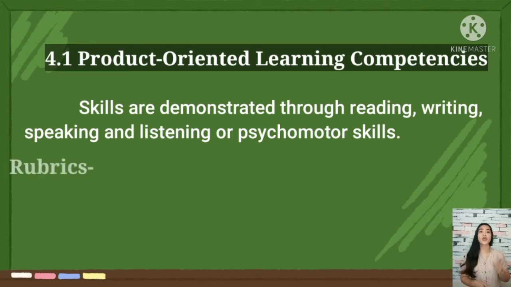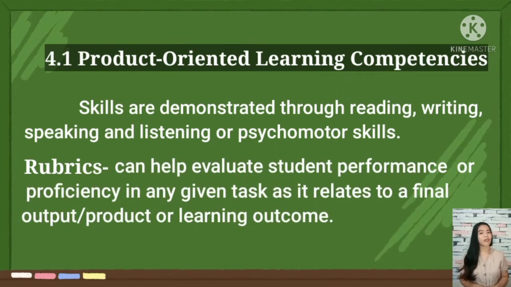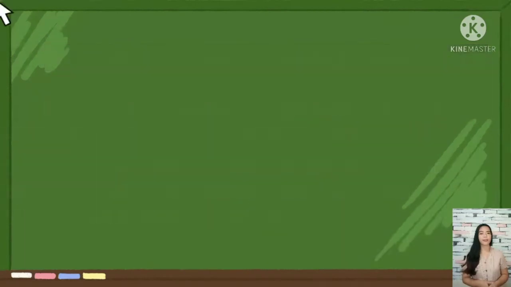Next is rubrics. So what is a rubric? Rubrics can help evaluate student performance or proficiency in any given task as it relates to a final output, product, or learning outcome. It provides significant information about the level of the student's achievement.